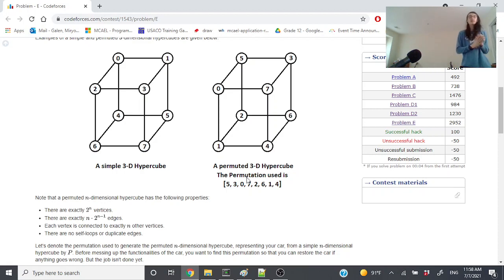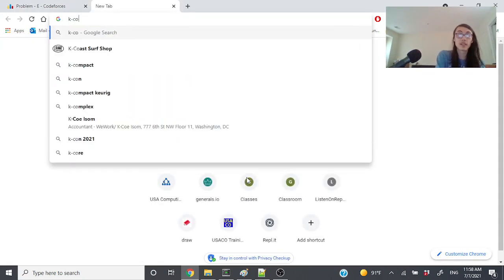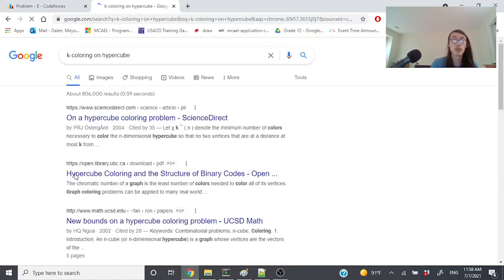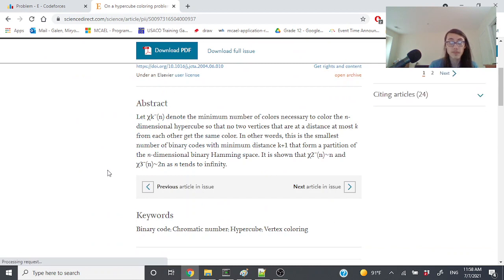So coloring and permutation seem completely independent. We find the hypercube. We find the permutation that gives us the hypercube. Now we need to color a hypercube. So, is this just a thing? On the hypercube coloring problem.